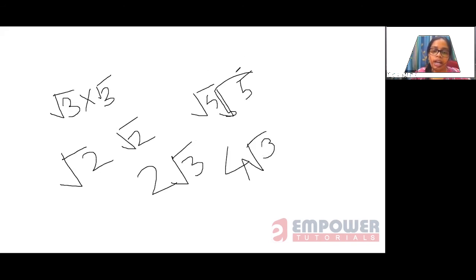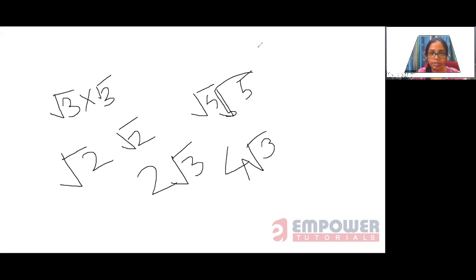So when you are multiplying, not adding, or dividing two like irrational numbers, you will tend to get a rational form.